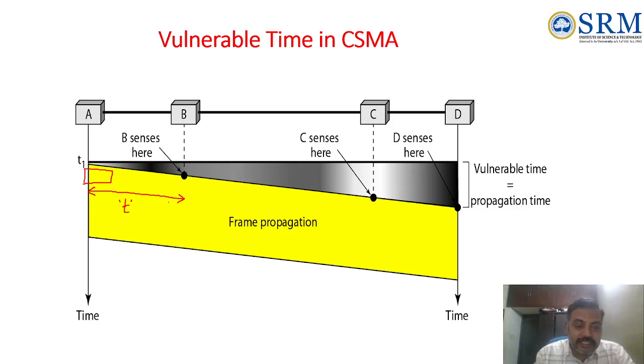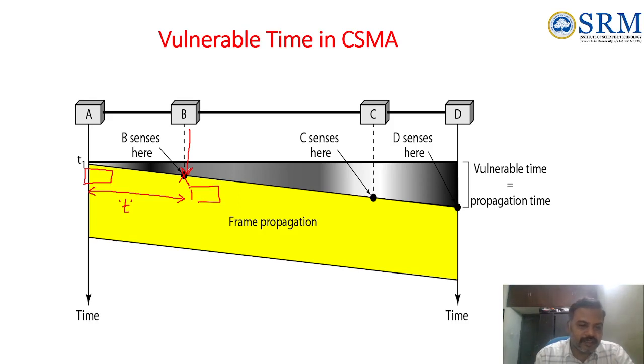So within this time T, if B senses the channel and finds it to be free, B will start its transmission, because before the time T, B doesn't know that A is transmitting its frame. Here collision will occur between A's frame and B's frame.